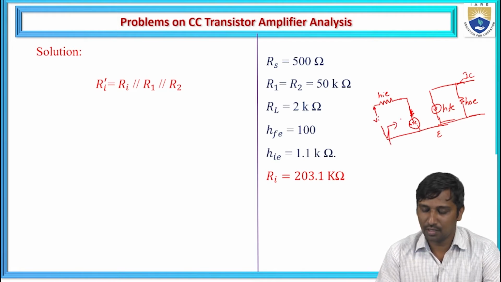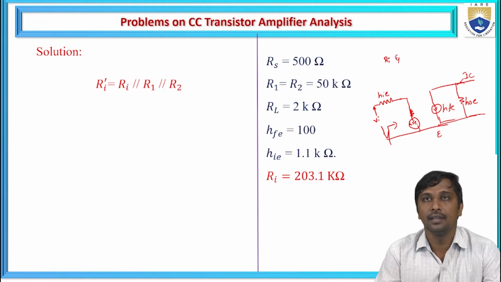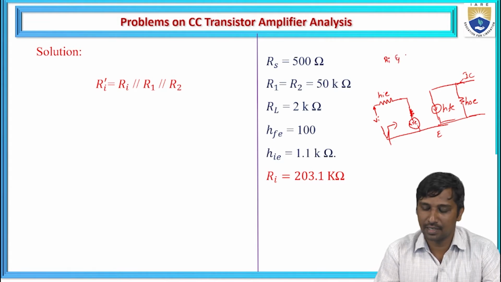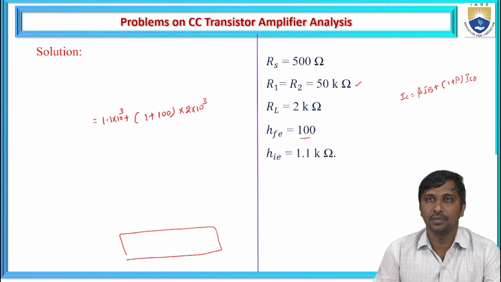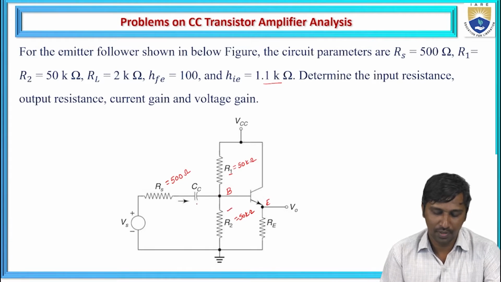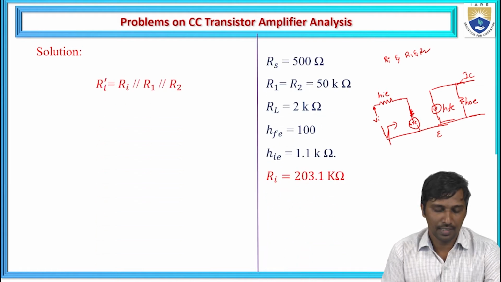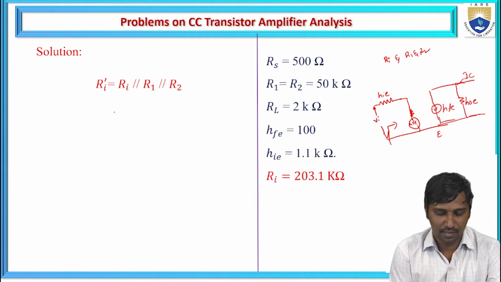At this point, all the input resistances are connected along with Ri, and internally the circuit contains a potential divider network, R1 and R2. If you observe the given circuit, we have the potential divider network R1 and R2 along with RS. Hence, to determine the total input impedance, Ri dash is the parallel combination of Ri with R1 and R2.